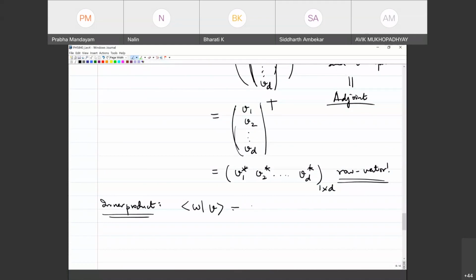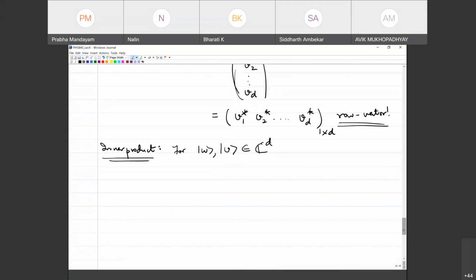So how will I define this? Let's say that for two vectors, W and V, both belonging to C^d, the d-dimensional complex vector space, W's elements are defined as W1, W2, etc., WD. Then how is this inner product defined?